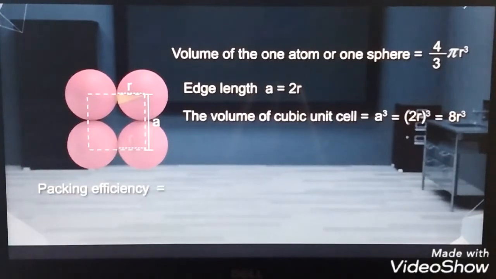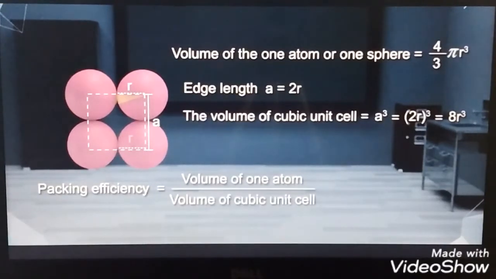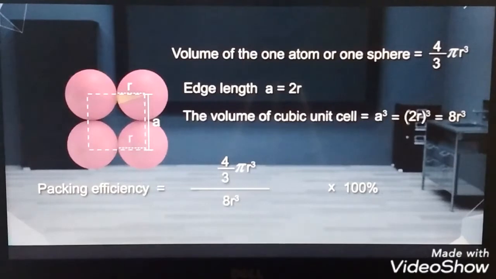Percentage efficiency or packing efficiency is equal to volume of one atom divided by volume of the cubic unit cell, multiplied by 100%. Packing efficiency is equal to 4/3 πr³ divided by 8r³, times 100, which is equal to π/6 times 100.